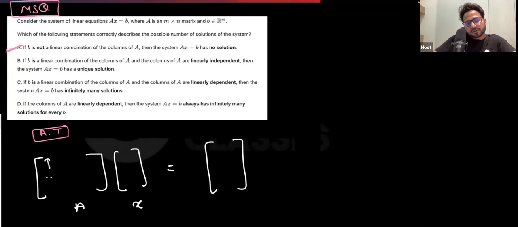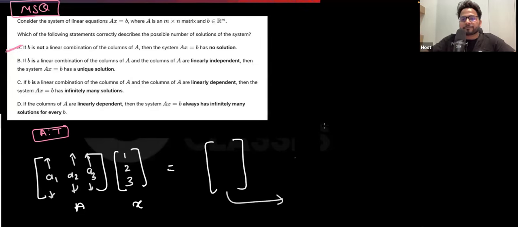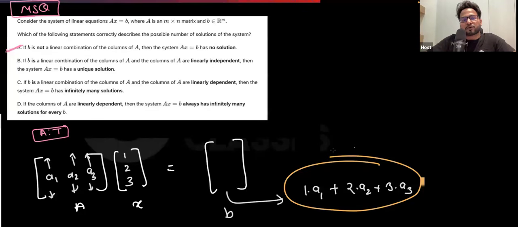Let's suppose this is A1, one of the columns, this is A2, another column, and this is A3, another column. And let's suppose X is 1, 2, 3. Can you tell me what this B will be? This B will be 1 into A1 plus 2 into A2 plus 3 into A3. So basically this B is a linear combination of columns of A. It must be a linear combination of columns of A.